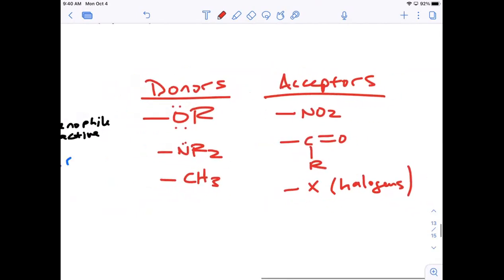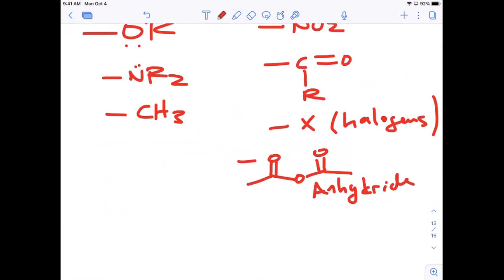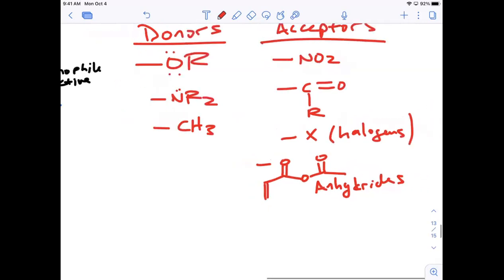One of the more reactive ones is an anhydride. If your dienophile is attached to an anhydride or something like that, that's a really powerful acceptor. All right, questions about that part?